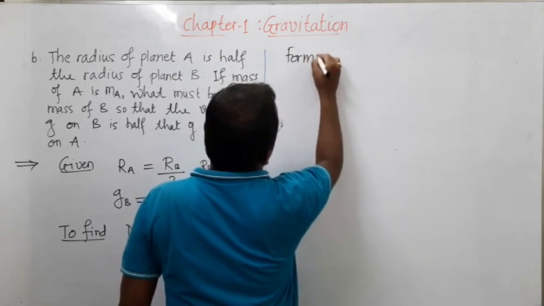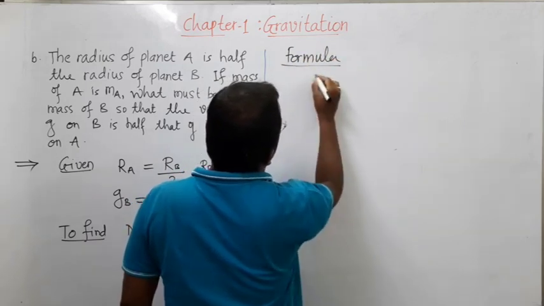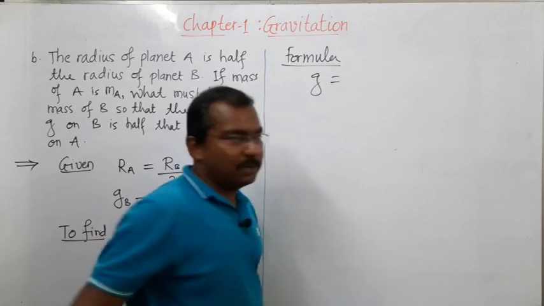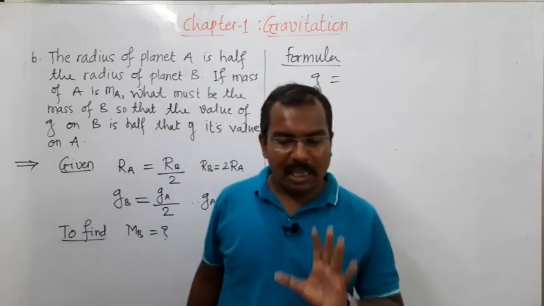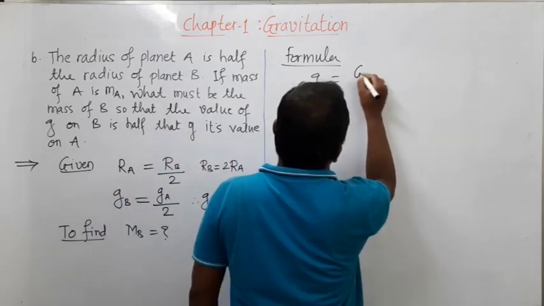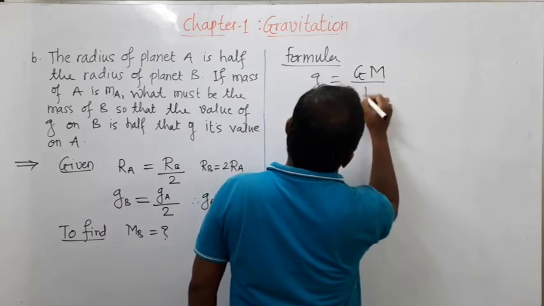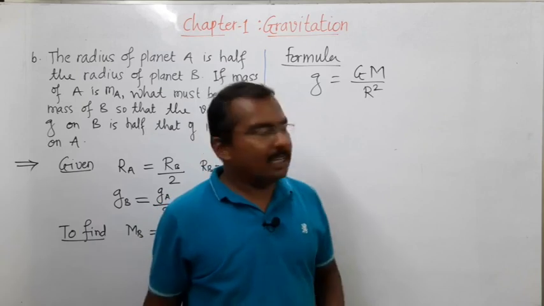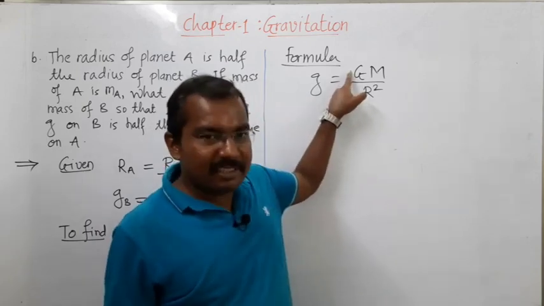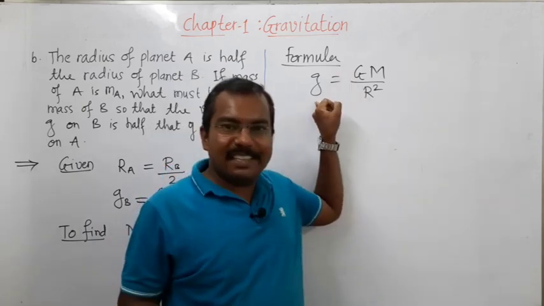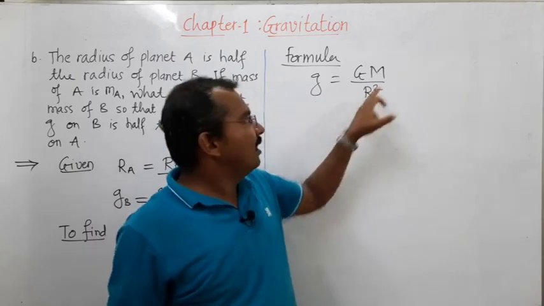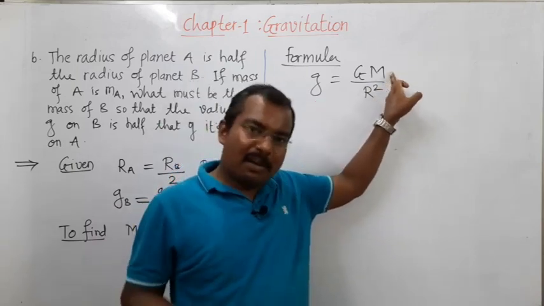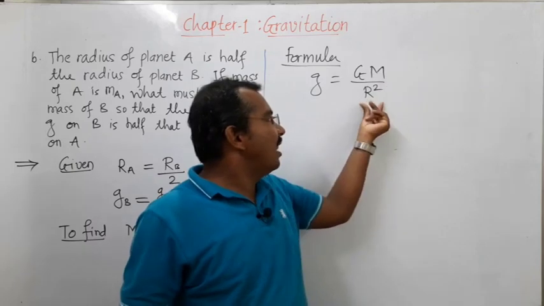What is the formula? The formula is g is equal to GM upon R square. Correct? This is the formula. This is the constant. This changes from planet to planet. We have to calculate this for the another planet, R is also given.